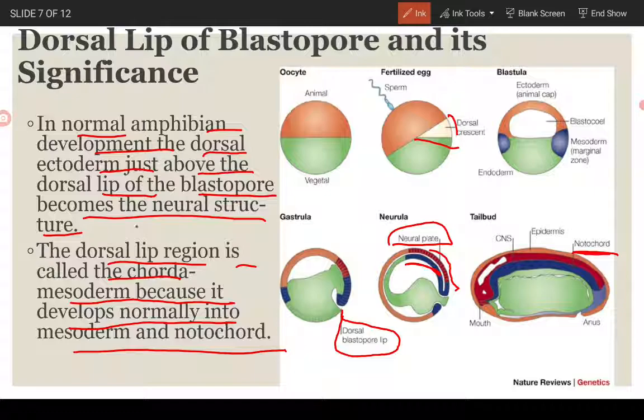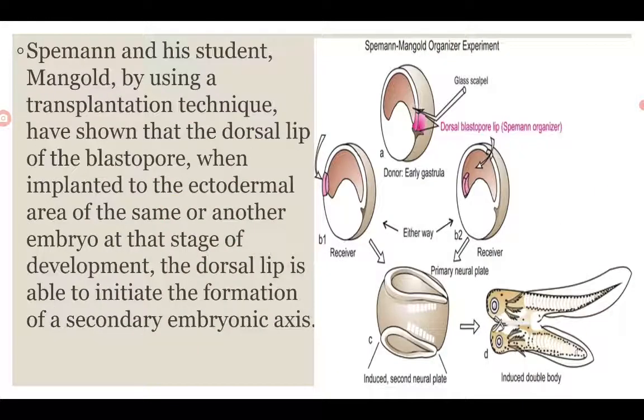Here the dorsal lip region induces changes in the tissues above it to form a neural plate. So this dorsal lip region is an inducer which induces the formation of the neural plate of the embryo.